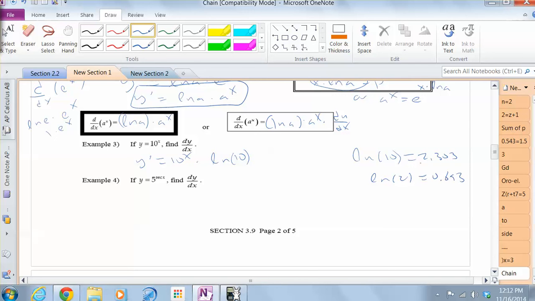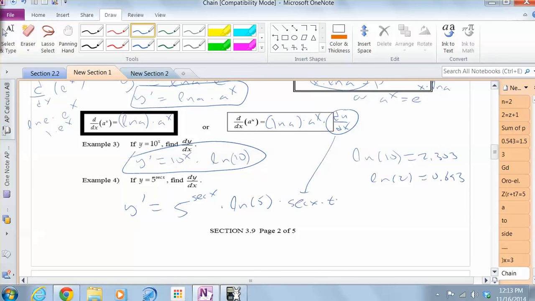So for this one, y prime will be 5 to the secant x times natural log of 5. But then we got to do the chain rule as well. And the derivative of secant x is secant x times tan x. So that takes care of the derivative of exponential functions. In part 2 of this video lesson, I will now talk about the derivative of logarithms.